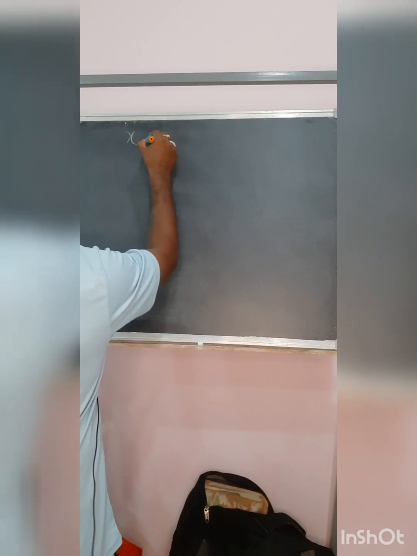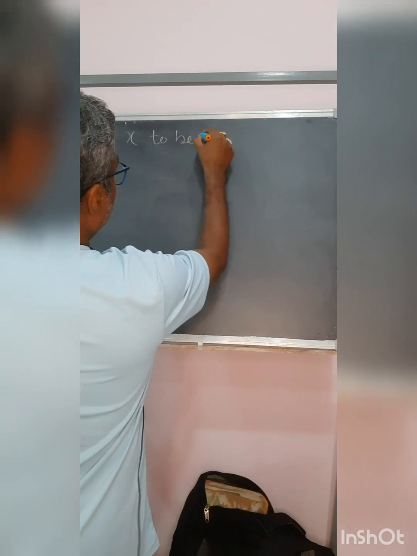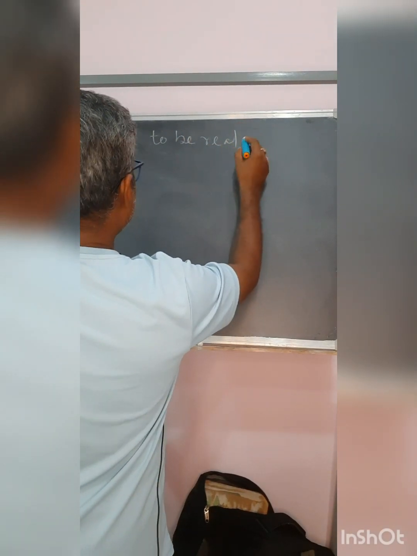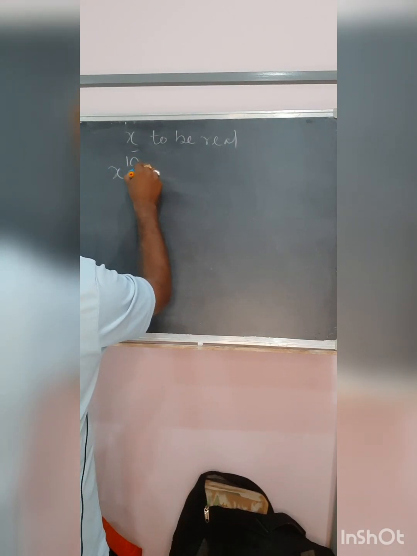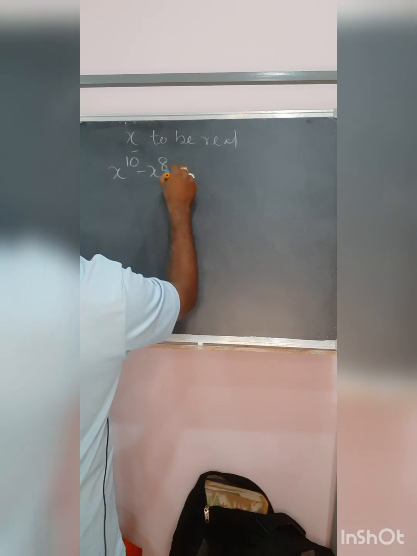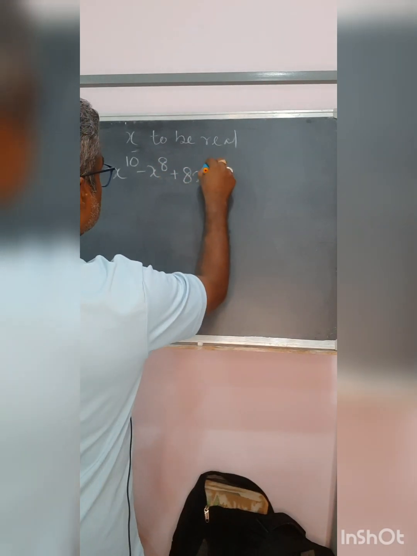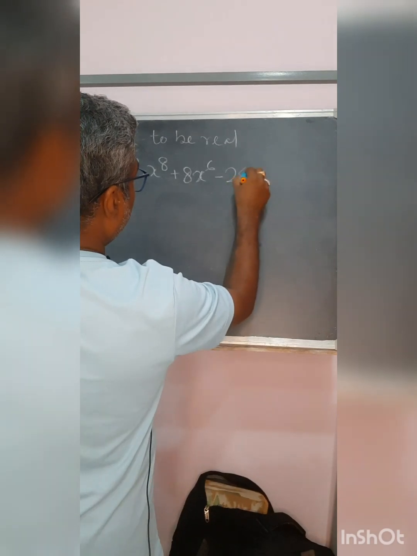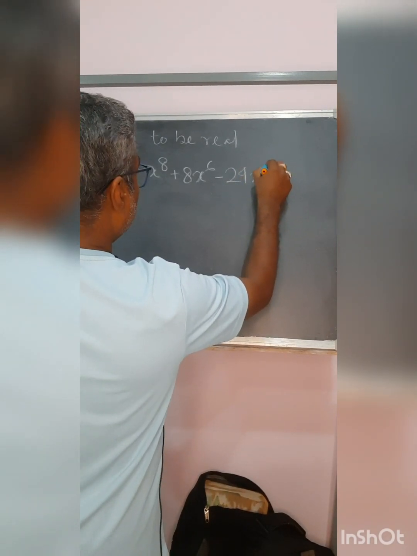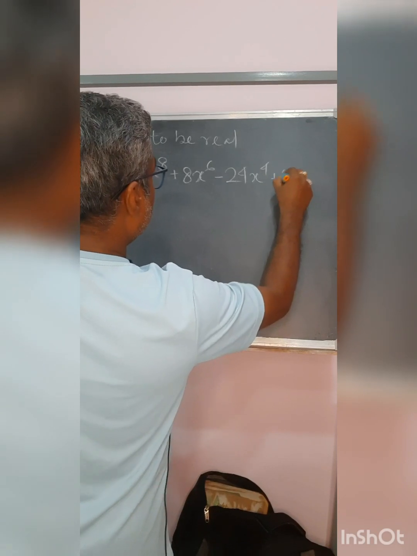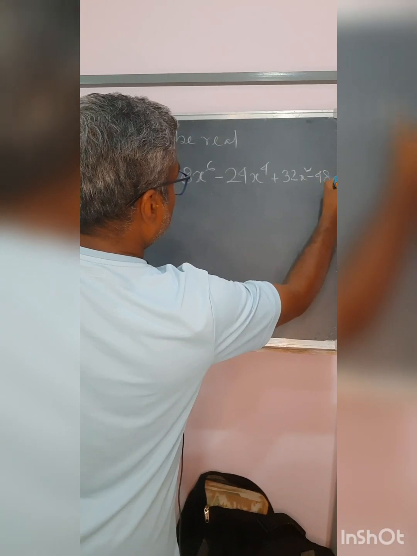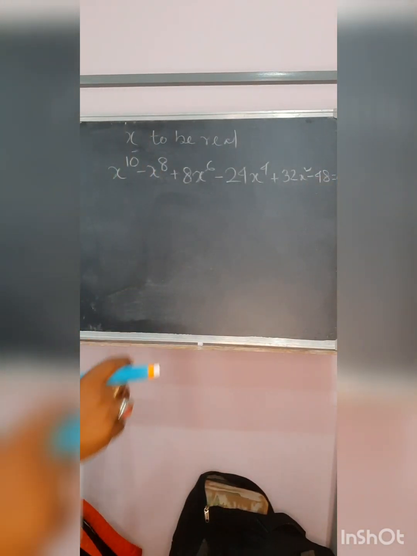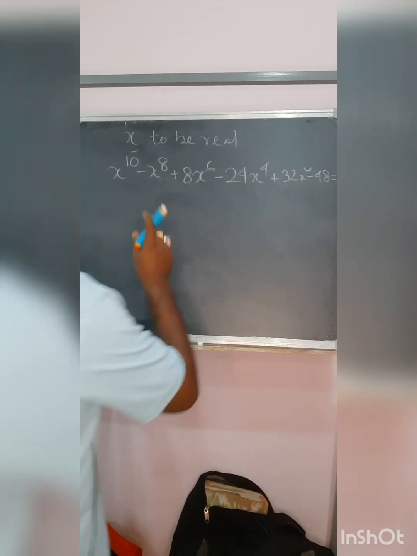Here the condition is x to be real, and you have to find the value of x for the equation given: x to the power 10 minus x to the power 8 plus 8 x to the power 6 minus 24 x to the power 4 plus 32 x square minus 48 equal to 0.